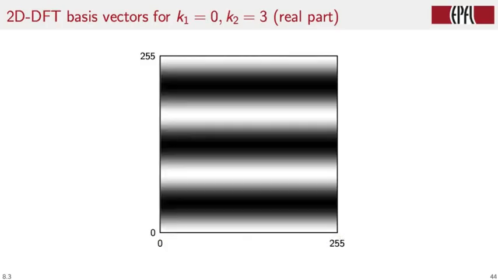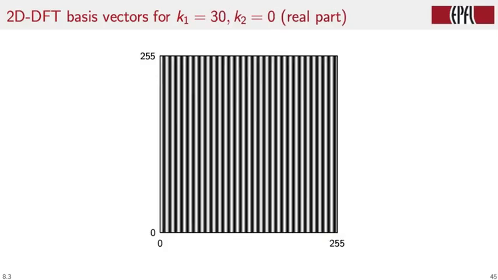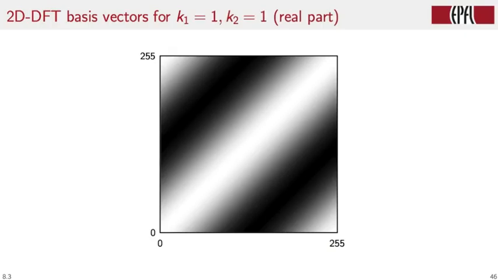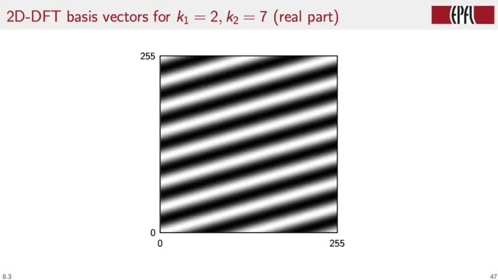And if we swap the roles of the frequency, we obtain again an image rotated by 90 degrees. We can increase the frequency even more, and the density of these bands will increase correspondingly. Whenever the vertical frequency and the horizontal frequency are the same, the bands will be angled at 45 degrees. And by varying the frequencies, we can obtain a wide range of different angles for the bands.